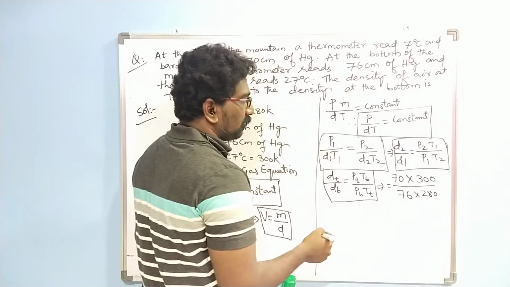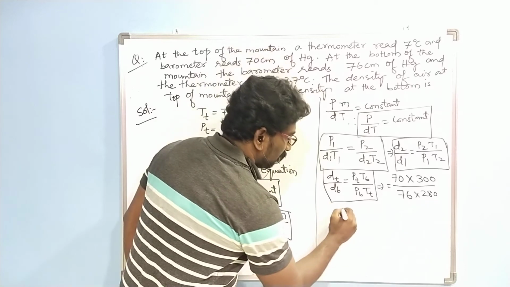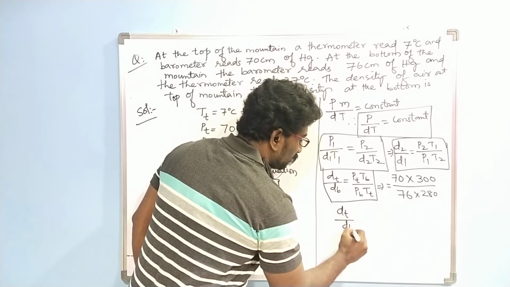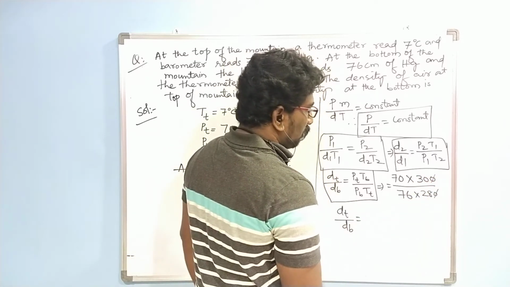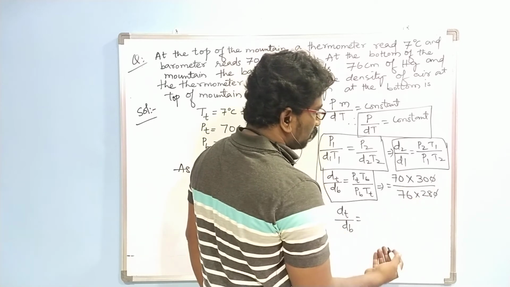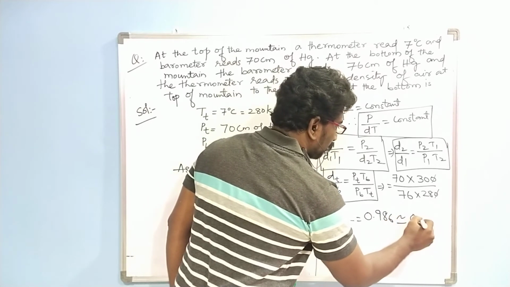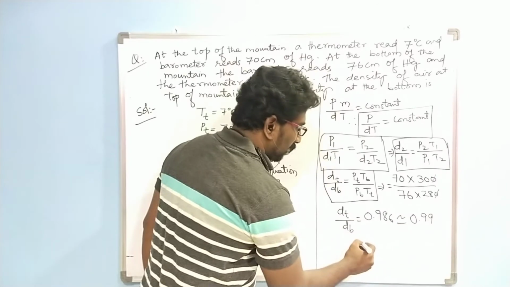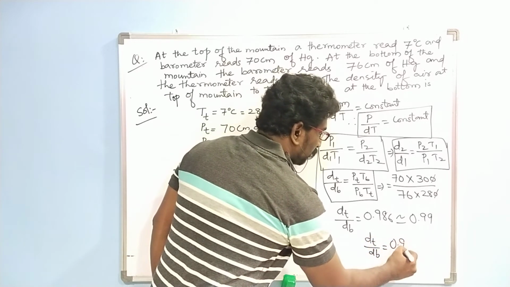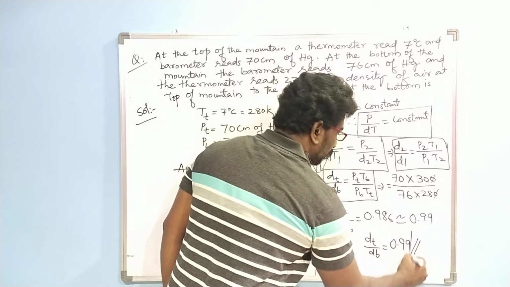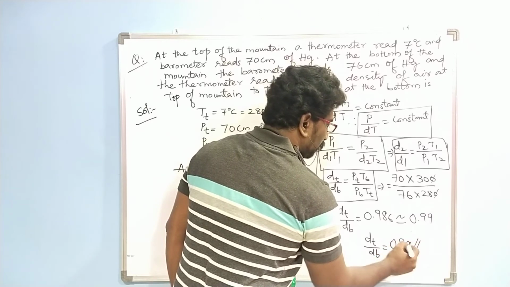If I cancel this, we get the answer for this particular numerical: the 0 will get cancelled. If I solve this, ultimately your answer will be 0.986, so this is equal to 0.99. So your final answer, D top to D bottom, is equal to 0.99. The solution for this numerical will be 0.99.